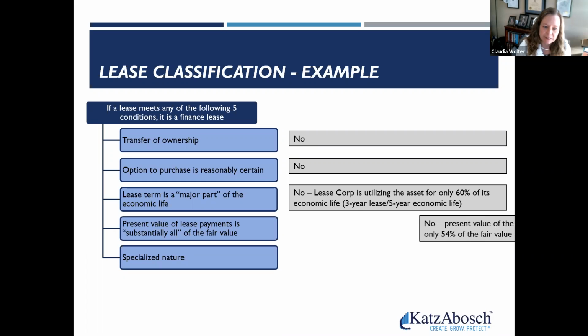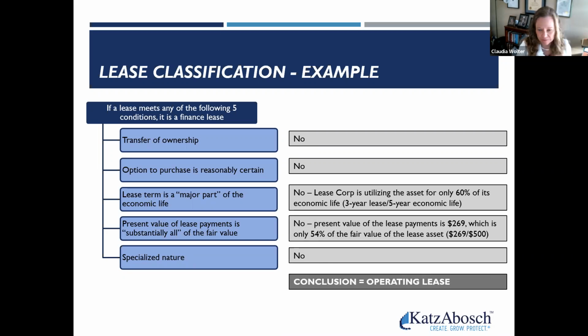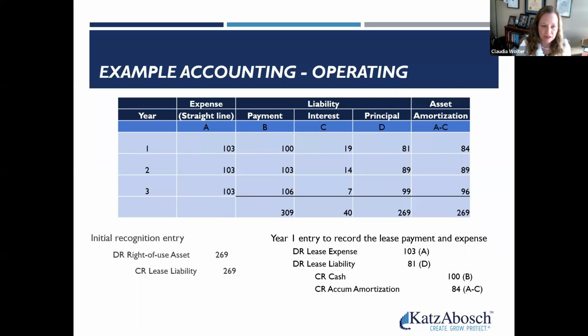Is the present value of the lease payments substantially all of the fair value? No, because we calculated the present value of the lease payments at $269, and that's 54% of the fair value of the asset. Is the nature specialized? Again, no, this is just a typical asset. So we're going to say this is an operating lease under this example.